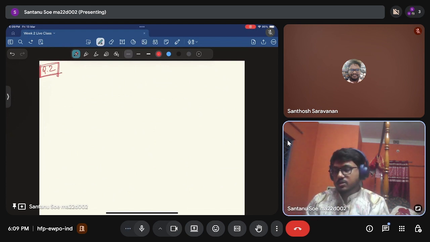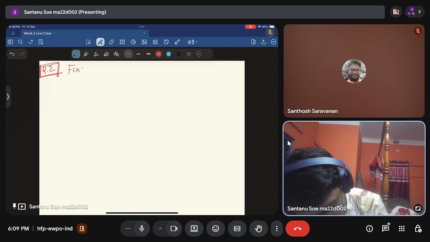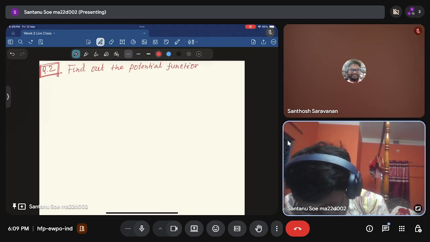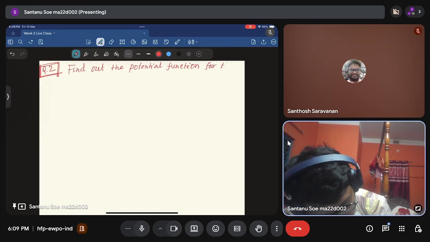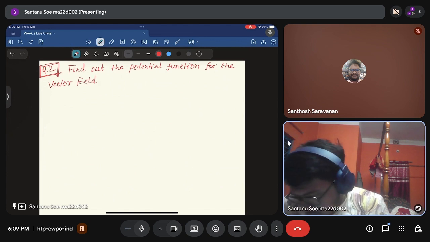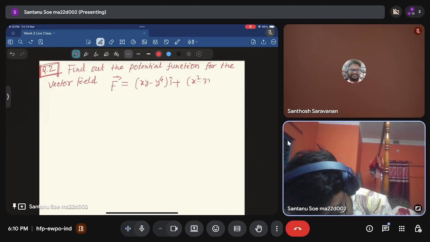This is also to find out the potential function for a given vector field F. So find out the potential function for the vector field F equals (xy minus y to the power 4) i cap plus (x square minus 3xy cube) j cap.